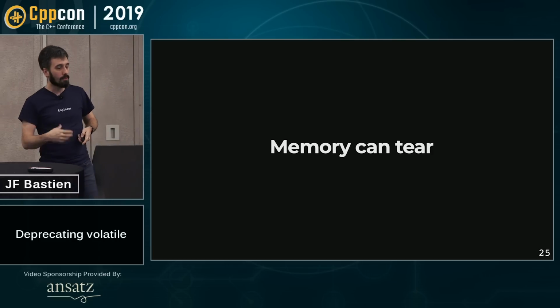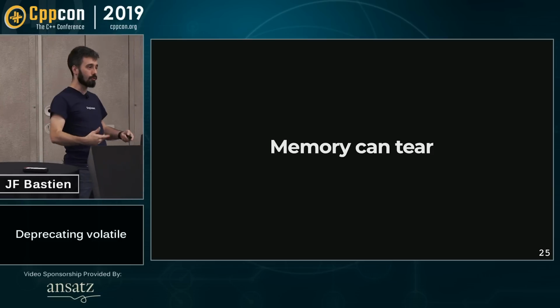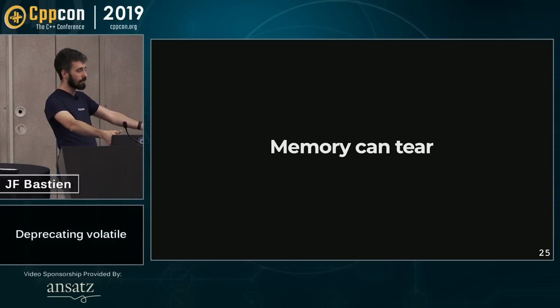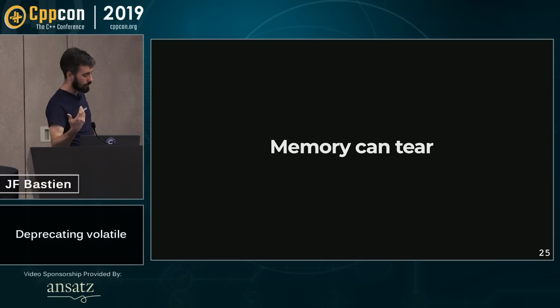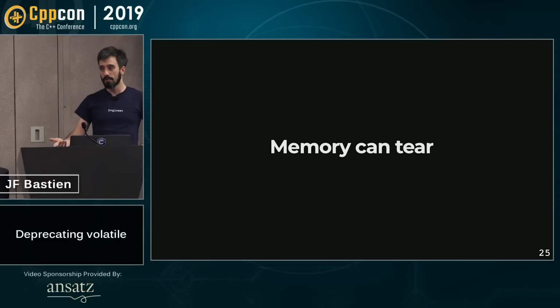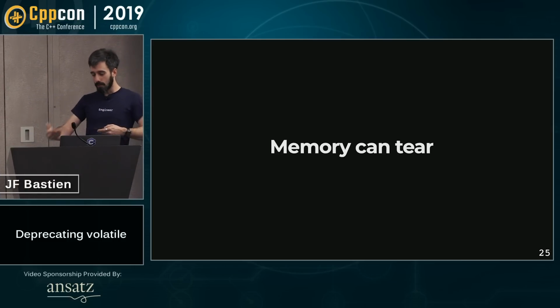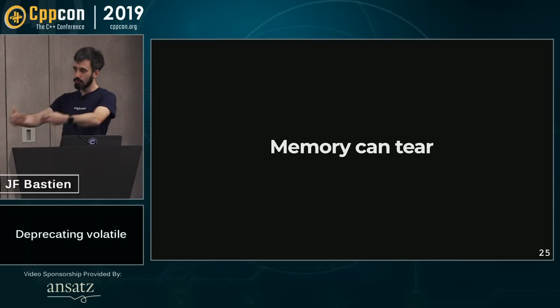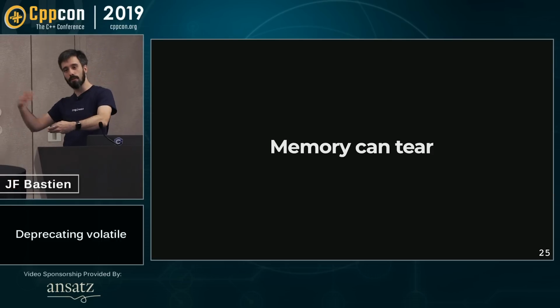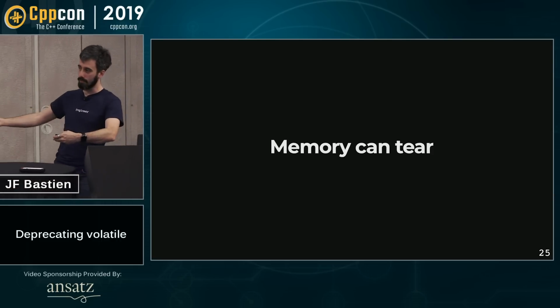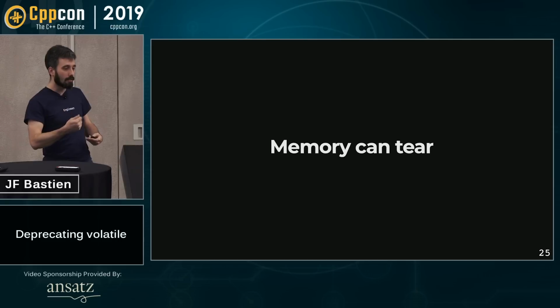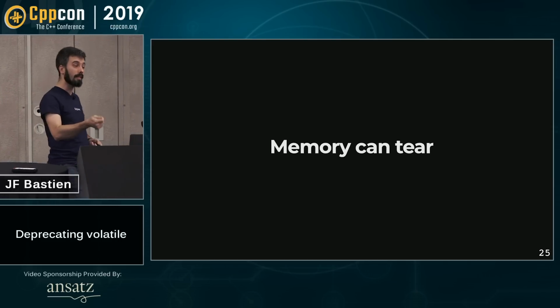This will happen, for example, if you don't have a store instruction big enough to express that store, but there are also instructions on x86, ARM and other architectures that in the microarchitecture are equivalent to 2 stores. So another thread can observe half of the store occurring. It's not atomic in that sense, and this is allowed by volatile.